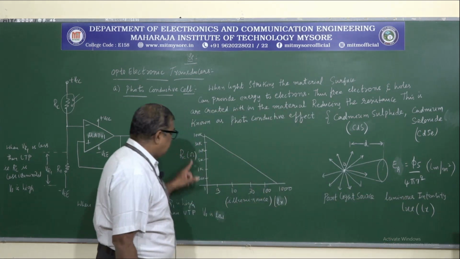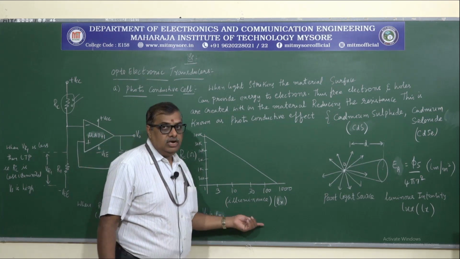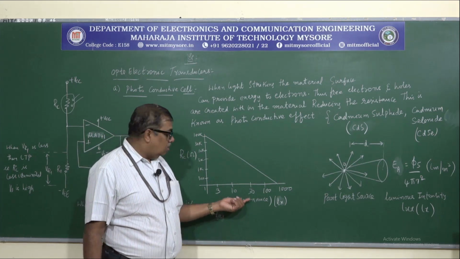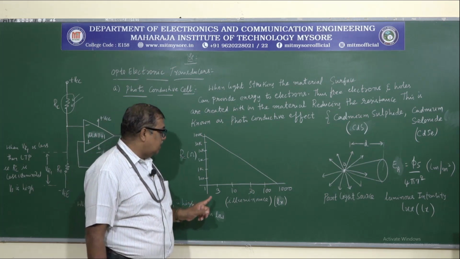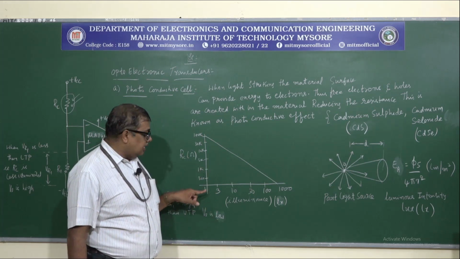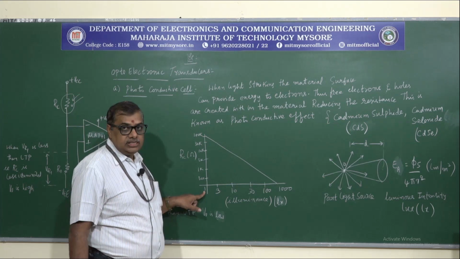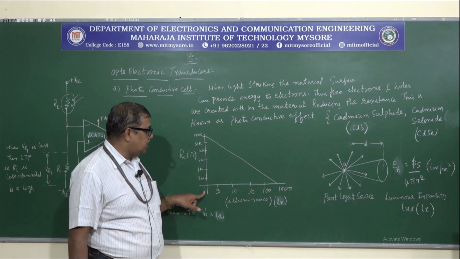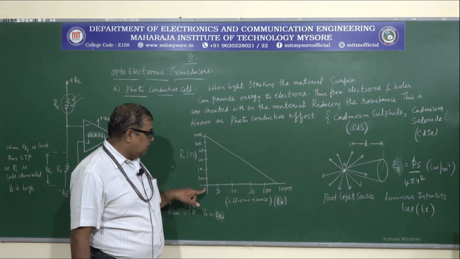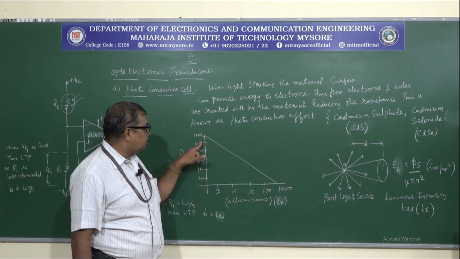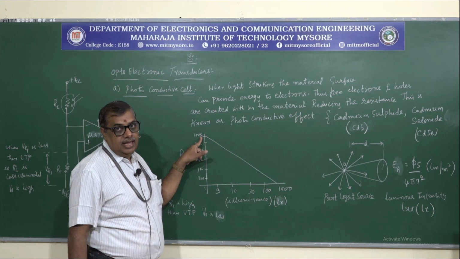This is a typical graph showing the variation of lumen with respect to resistance. As you see here, whenever the intensity is very low, the resistance is very high. Here the intensity is 1 lumen, so the resistance is 100K.